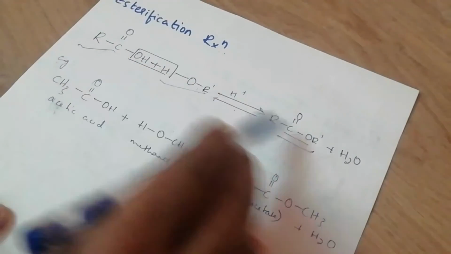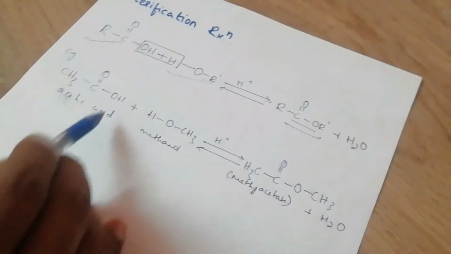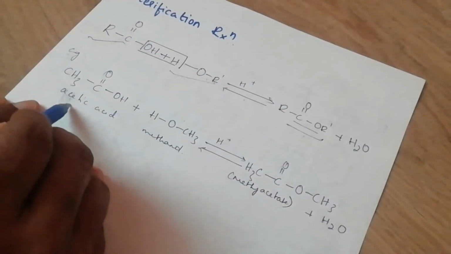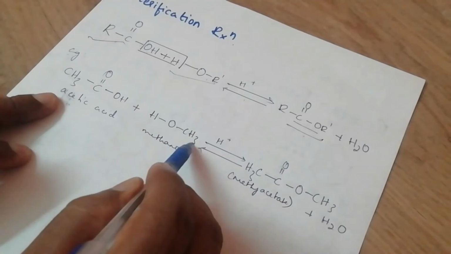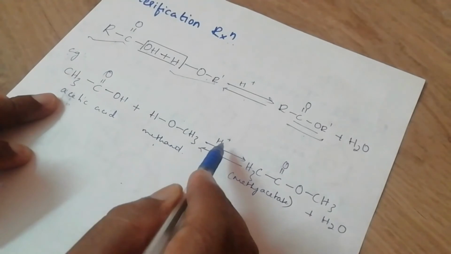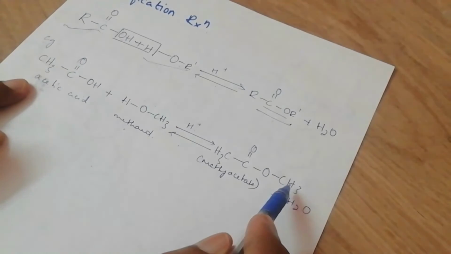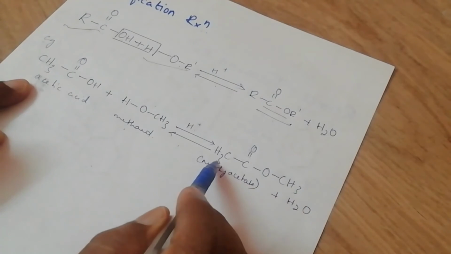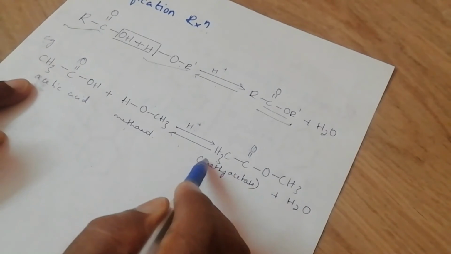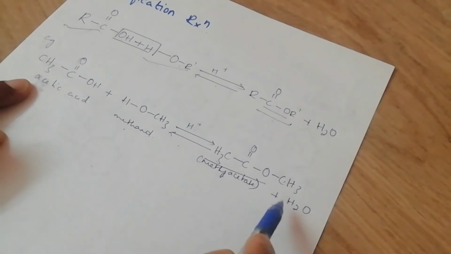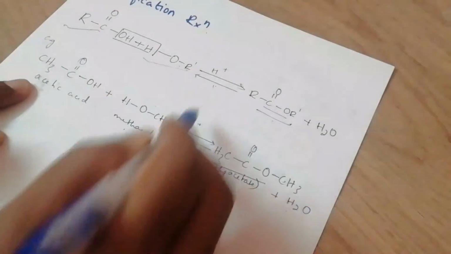Then H and OH convert into H2O. The best example: when acetic acid is treated with methyl alcohol in presence of concentrated sulfuric acid to give methyl acetate. Acetate means CH3COO. The byproduct of methyl acetate is water. It is a reversible reaction.